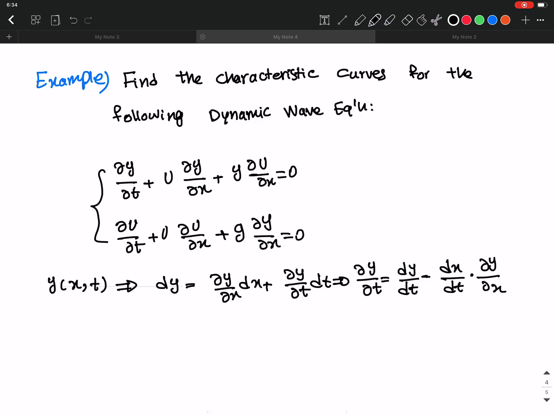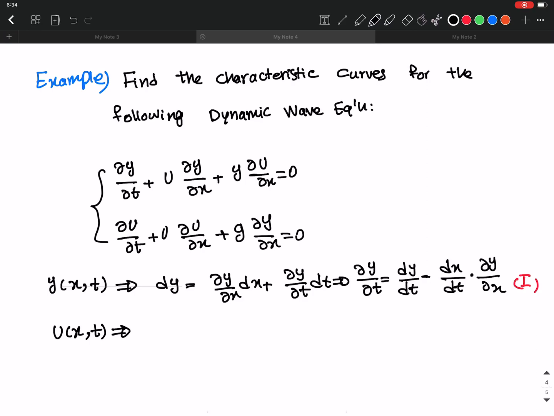I'm going to name this equation 1. And then for u, again u is a dependent variable and x and t are independent, so u is a function of x and t, which is space and time.